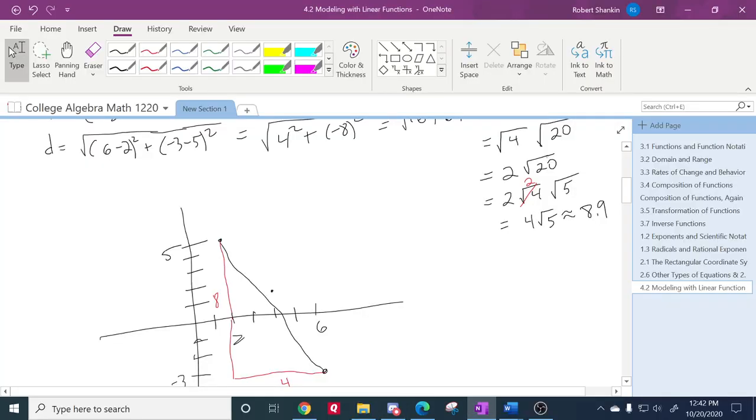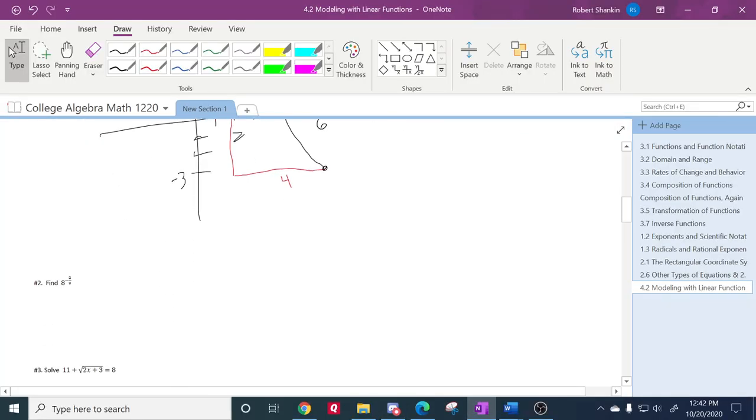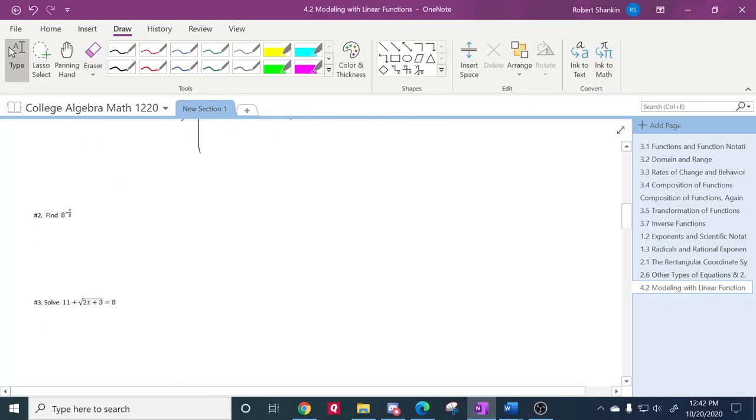All right, the next two problems. Find 8 to the negative 2/3 power and then solve that equation.